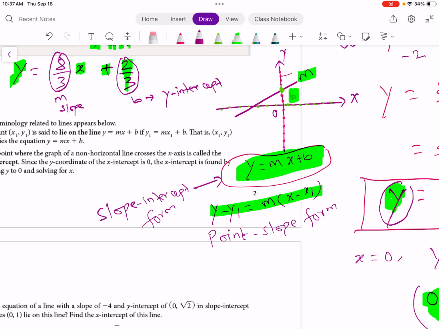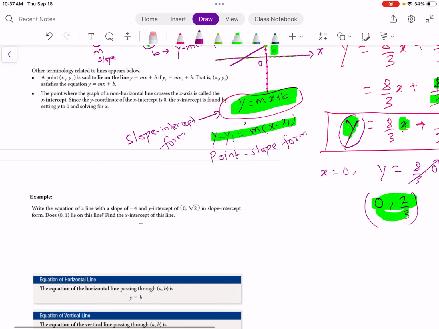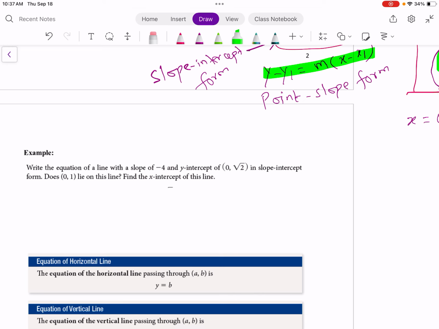Now let's go to an example. Here we have to write down the equation of a line with a slope of -4. So our slope m is -4, and a y-intercept of square root of 2.